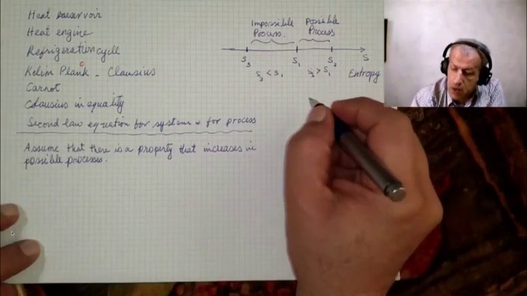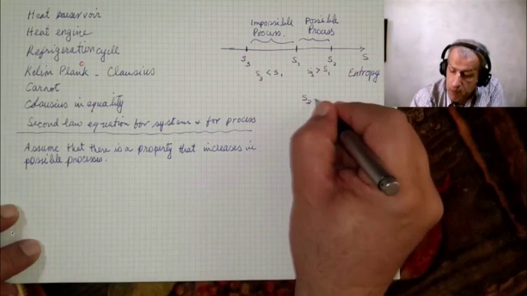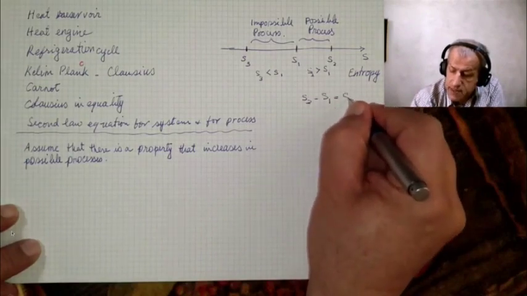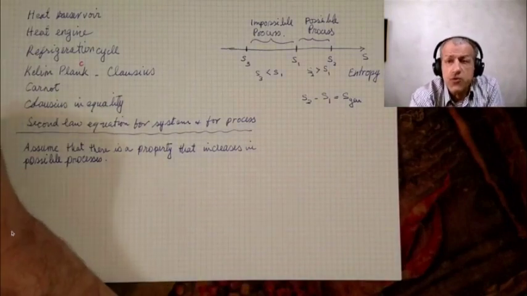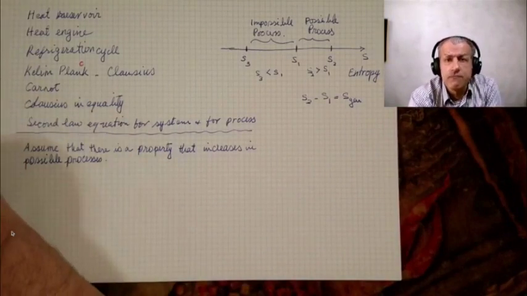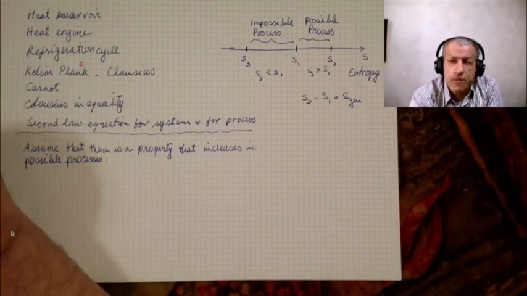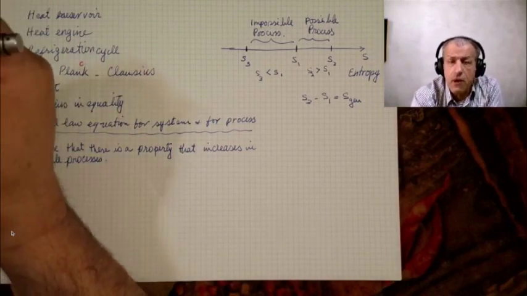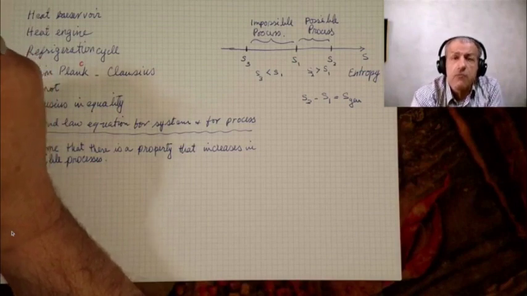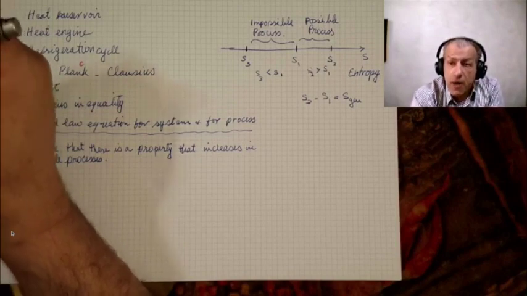And we say that S2 minus S1 equals Sgen, which is the generated entropy during that process, because the process is possible. So for all real processes, for all possible processes, entropy should increase and Sgen should be positive.